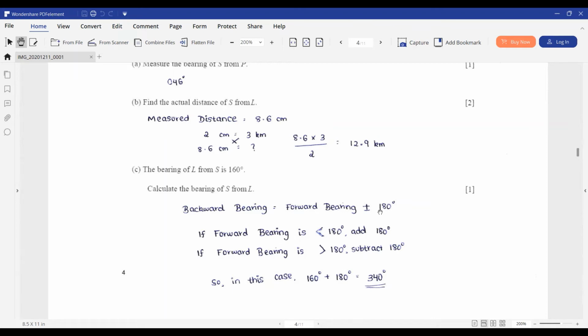In this case, 160 degrees is less than 180 degrees, so we take 160 degrees and add 180 degrees. Adding these two gives us a backward bearing of 340 degrees.